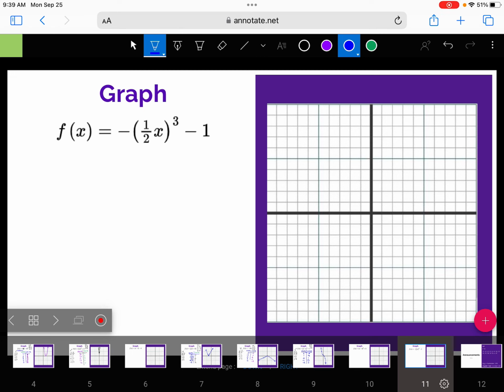Let's do one more. One more. And it's almost identical. It's real similar. It's another cubic. We still have 1s and 1/2s and minus signs.